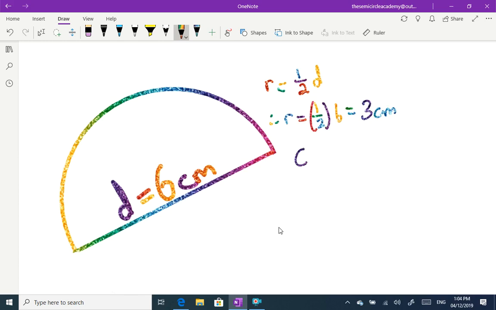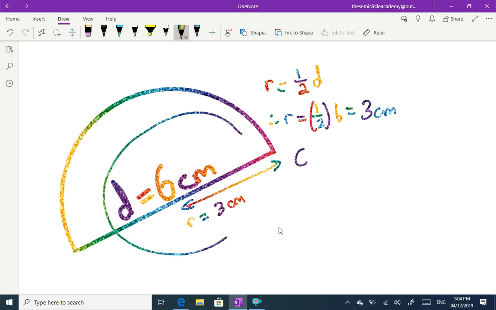So what we could do is use this radius here, which will be 3 centimeters, and we could use this radius to find the circumference of a full circle.